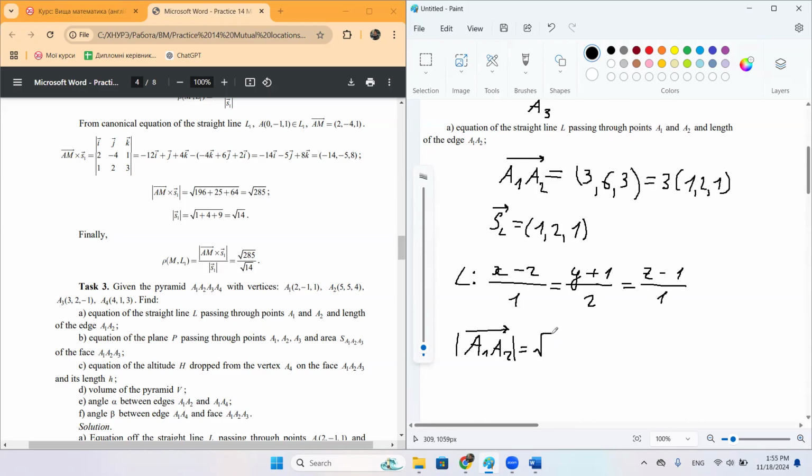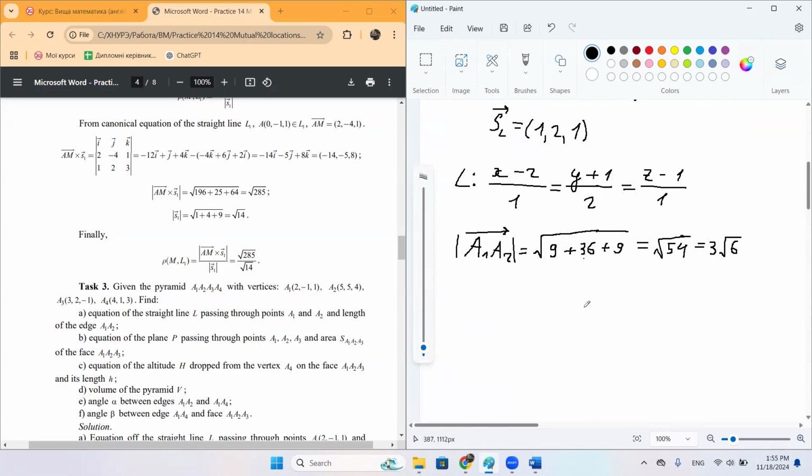So, the procedure of calculating: 9 plus 36 plus 9, so it's the square root of 54. I can move 3 out of this square root, so 3 square roots of 6. And by the way, the square root of 6 is the magnitude of the reduced vector.